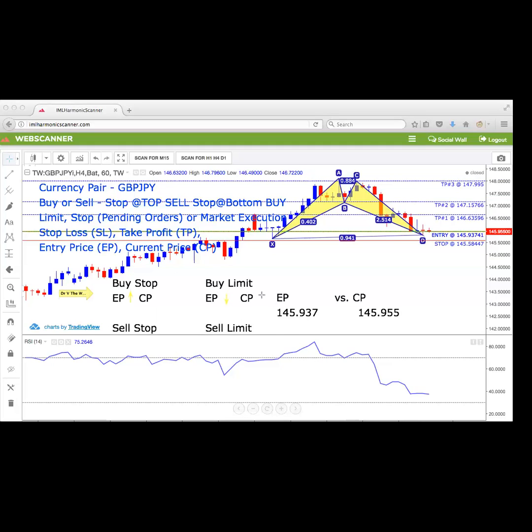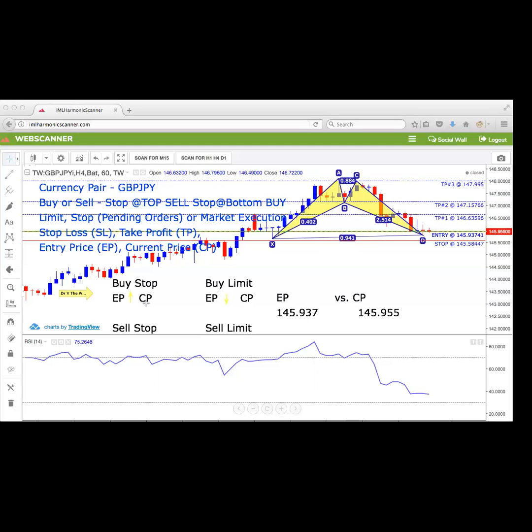So with the buy limit, let's say your entry price is here and your current price is up here. You have to go down, hit the entry price, and go back up. That's a buy limit.